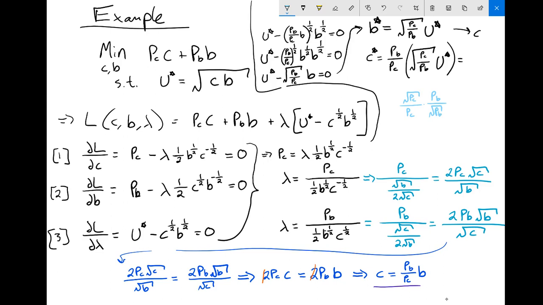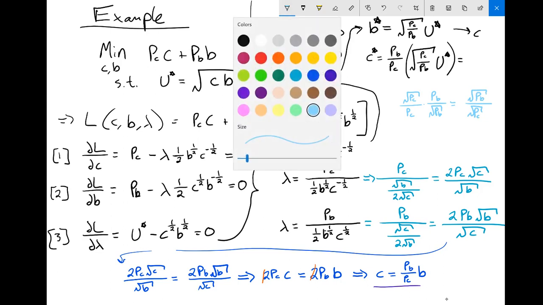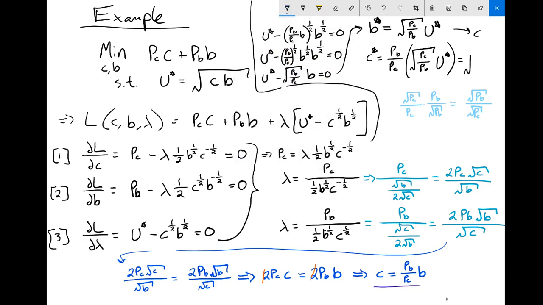And what is PB divided by the square root of PB? Well, this would be the same as square root of PB divided by square root of PC. So therefore, what we're going to get here is the square root of PB divided by square root of PC times U star.